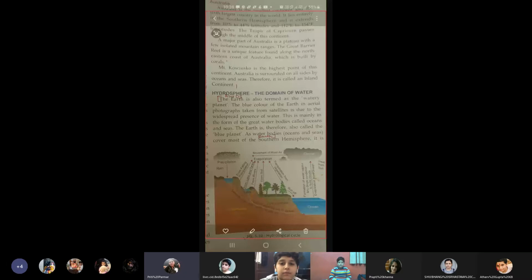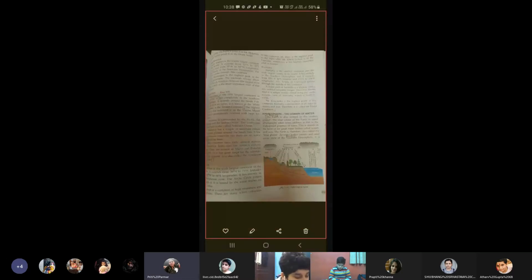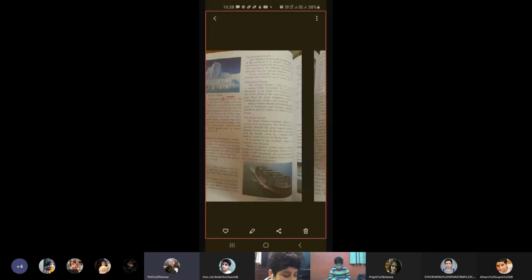This is mainly in the form of great water bodies called oceans and seas. Now, the Earth is therefore also called the blue planet or the watery planet, okay? As water bodies, that is, oceans and seas, cover most of the southern hemisphere, it is also known as water hemisphere, just as the northern hemisphere is known as land hemisphere.